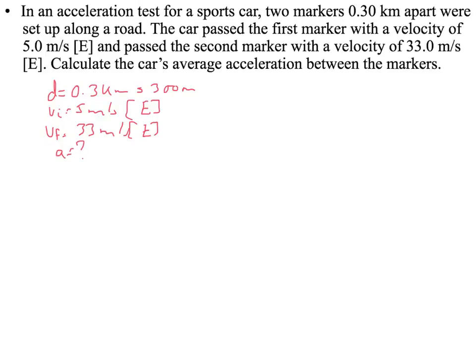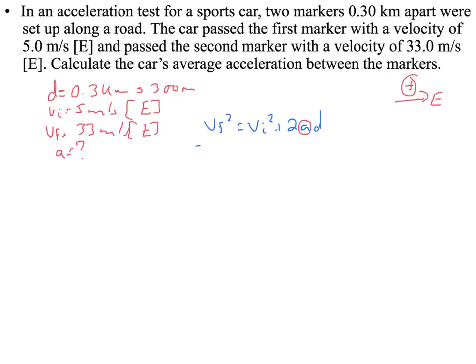The first thing we need to do is, again, assign a direction. So we'll call that east, and we'll say that is positive. The second thing we need to do is identify which equation we are going to use. Well, the only equation that really works is VF squared equals VI squared plus 2AD. A is what we are looking for, so we're going to need to solve for A. But let's put some numbers in first.